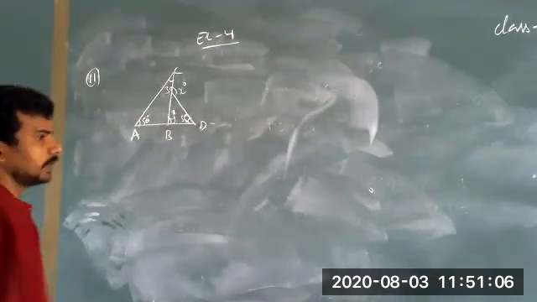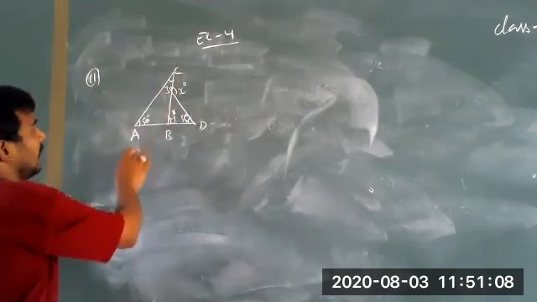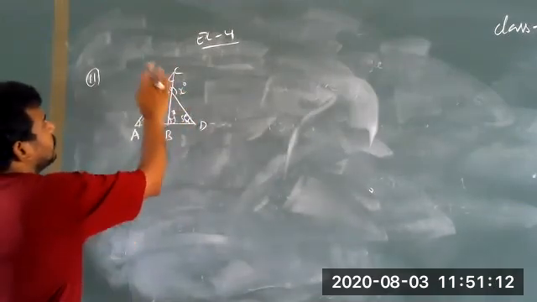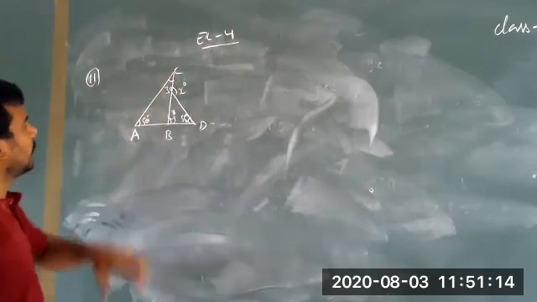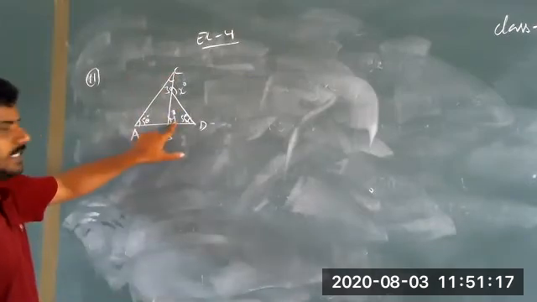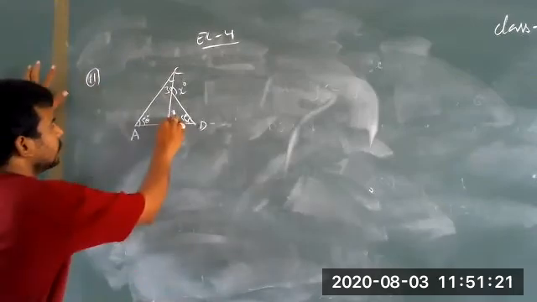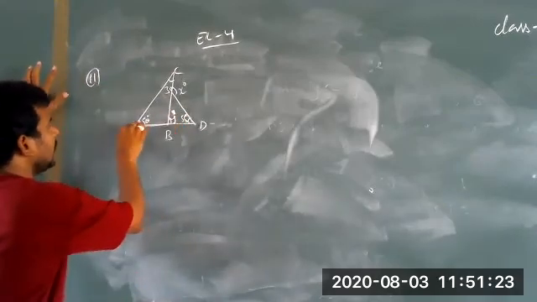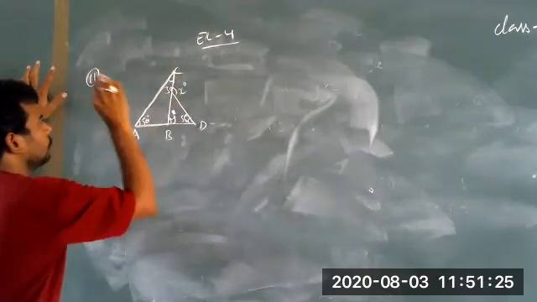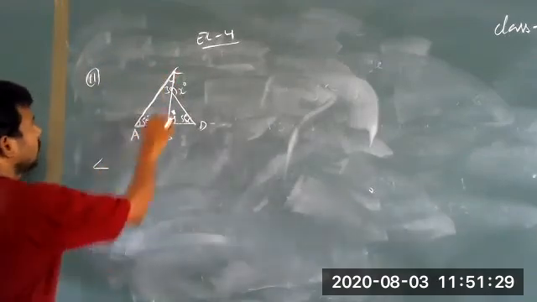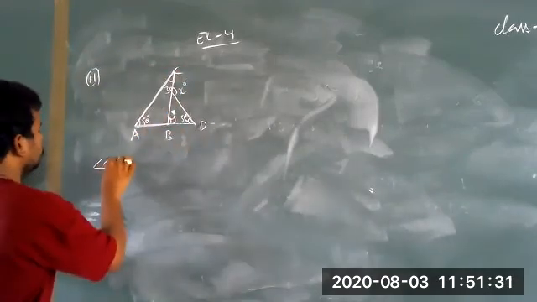See, children, this is the ABC triangle and BD is there here. One more triangle. This y degrees is the exterior angle of the ABC triangle.